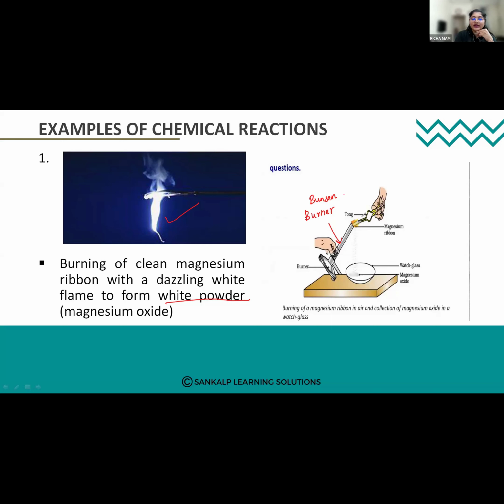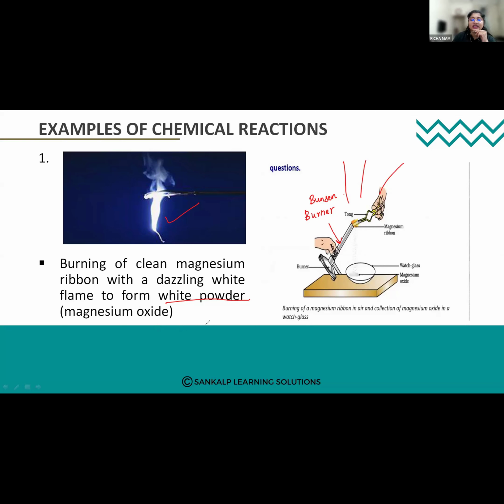It reacts with the oxygen present in the air. The magnesium reacts with the oxygen to give you magnesium oxide. So you can see that a chemical change is taking place.